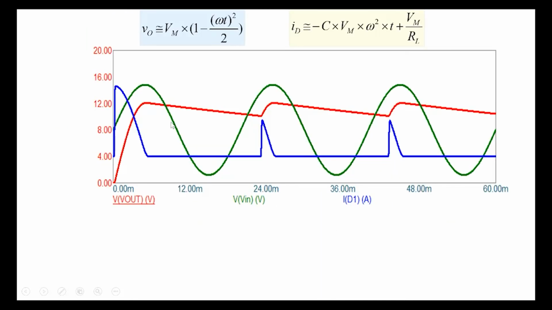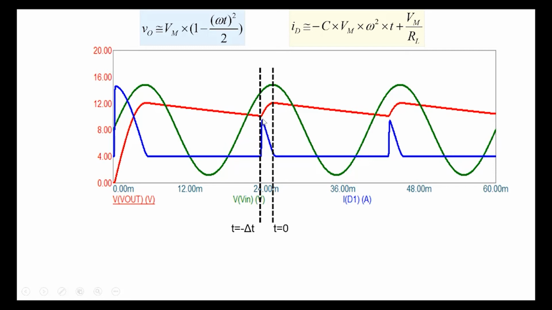Okay, so this is what we have here. We said this is t equal to 0, and let's call this part t equal to minus delta t, just when the diode turns on.